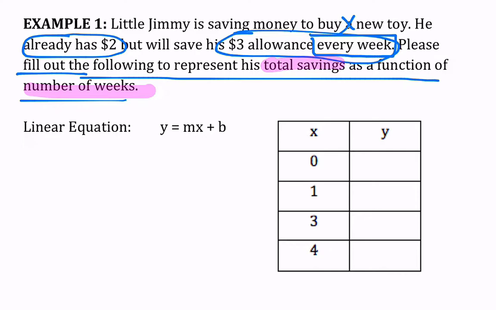So let's label here. X is always your independent, okay? So our x is going to be the number of weeks, and my y is going to be the total savings.